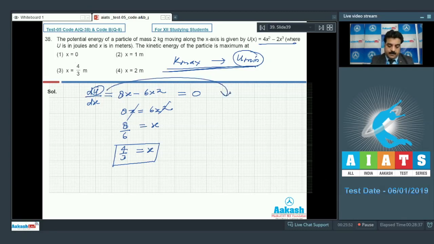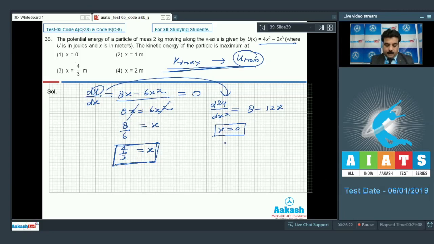Now, if I differentiate again, the second derivative, we'll get 8 minus 12x. Now we'll see. If I place x equal to 0, suppose, because this expression will indicate, you can put x equal to 0 and x equal to 4 by 3 for checking your answer.